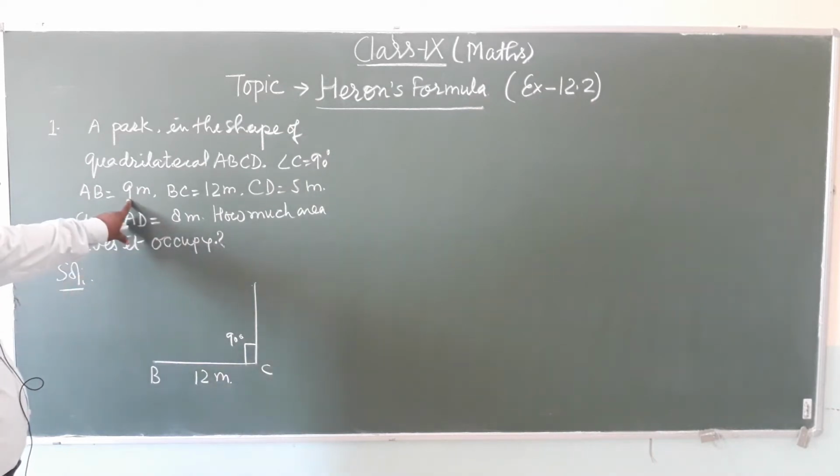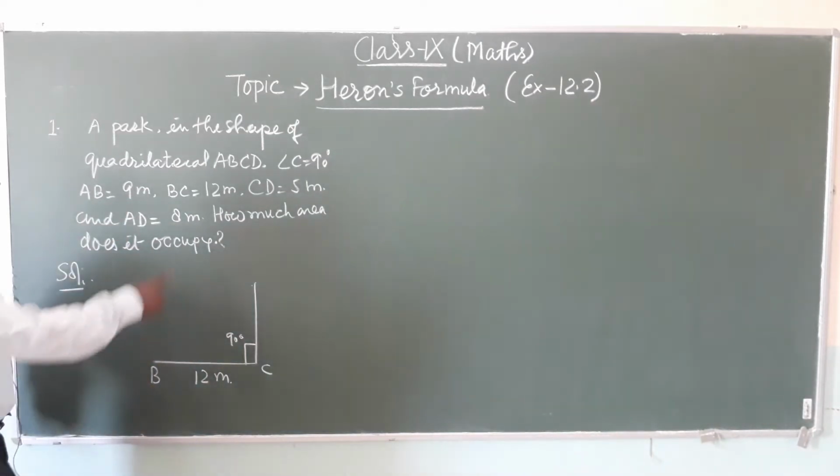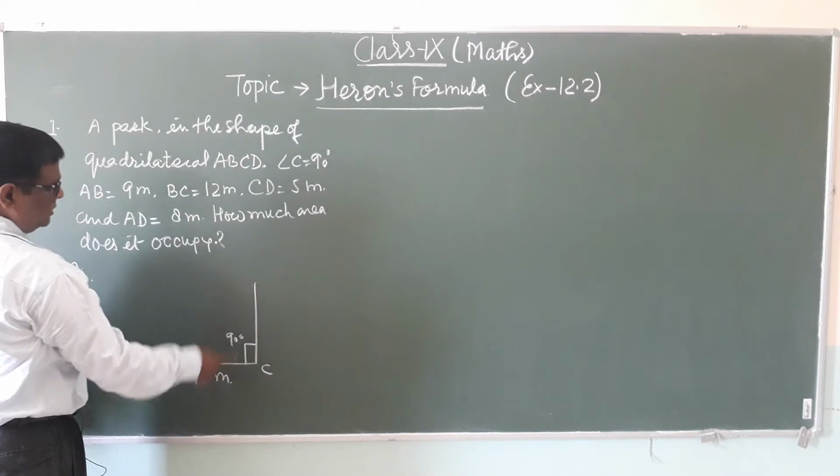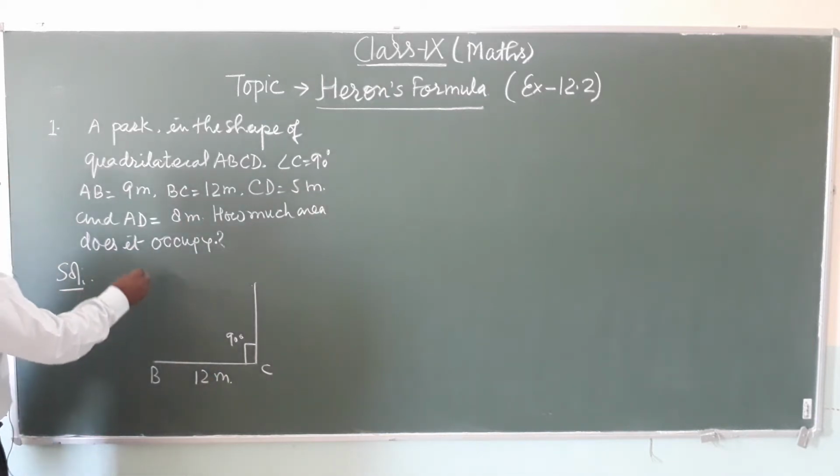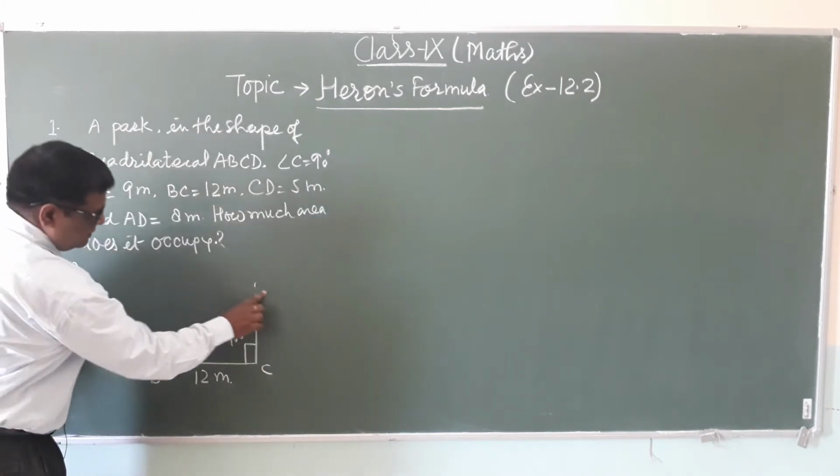AB is equal to 9 meter and BC is equal to 12 meter, and CD is 5 meter.